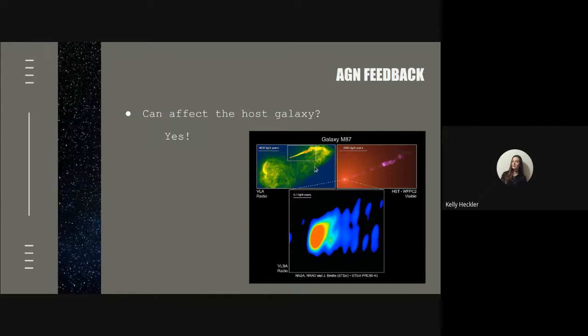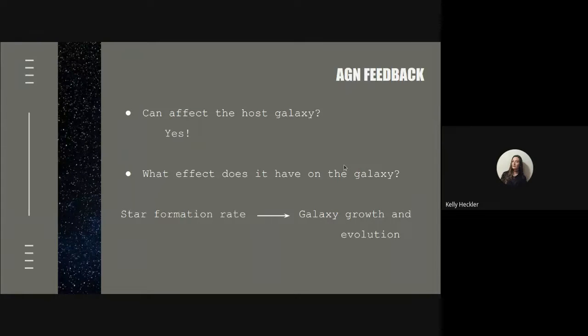Here we have an example of the galaxy M87, in which we can see X-ray emission, radio emission, and a radio jet. And what is the effect of the AGN feedback on the host galaxy? It interferes in the star formation rate. It means that it can regulate the growth of the host galaxy. But how it happens is not well known.